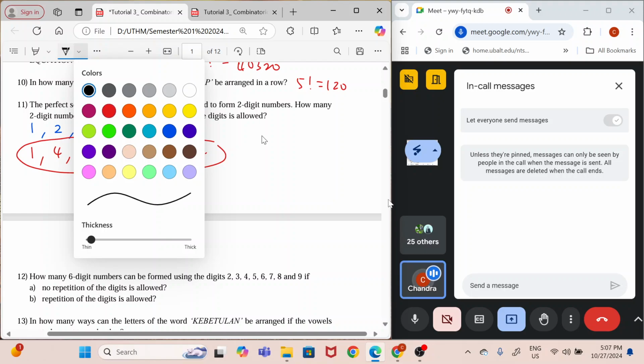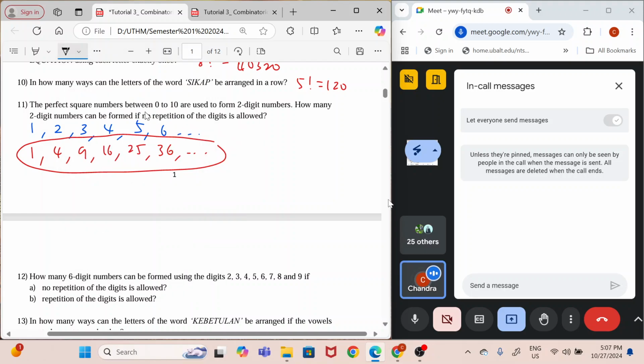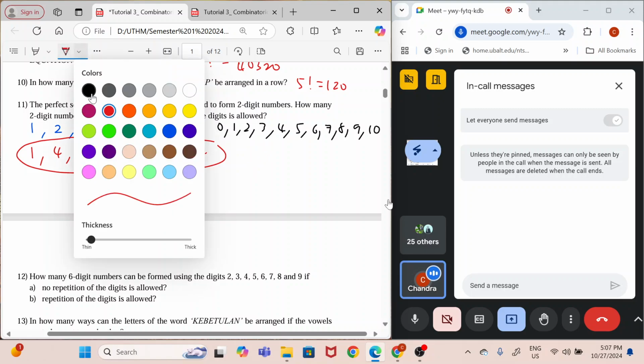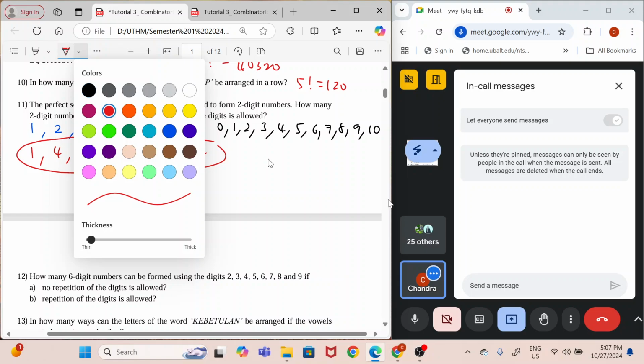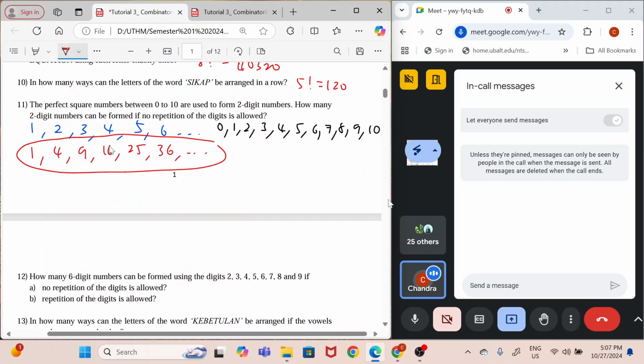So out of 0 to 10, 0, 1, 2, 3, 4, 5, 6, 7, 8, 9, 10, how many numbers are perfect squares? The red ones are the perfect squares.